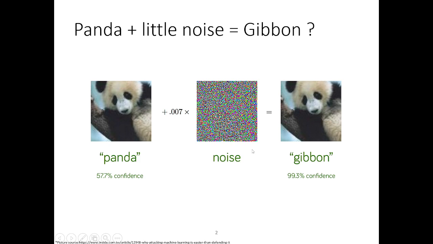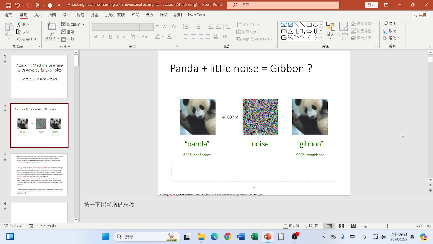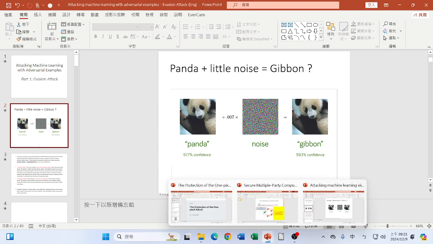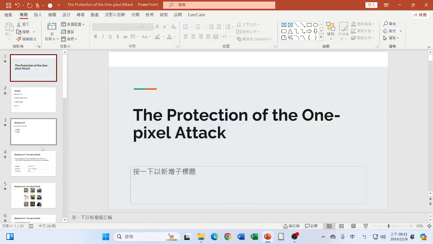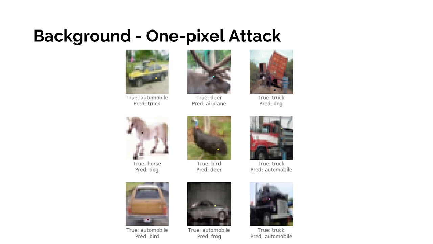detection. Okay, and in the one pixel attack, the noise will be very small, and the degree of the small noise should be only 1 pixel. In these pictures, only 1 pixel is different from the original image.